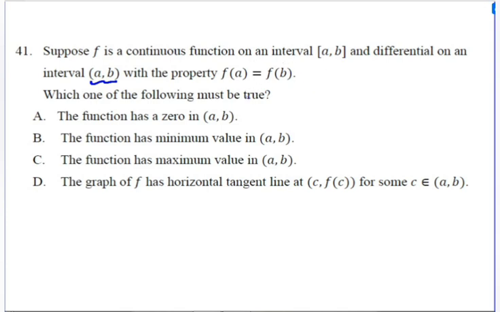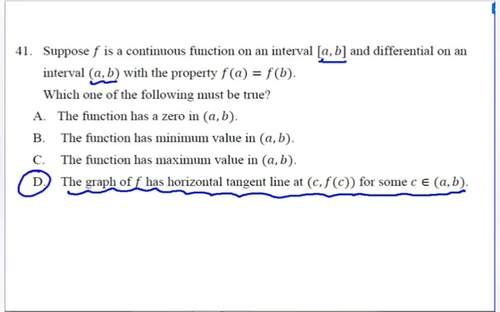Rolle's theorem says that for any continuous function on a closed interval [a, b] and differentiable on an open interval (a, b) with the same value at the endpoints, the graph will have a horizontal tangent line at (c, f(c)) for c in (a, b). This is a must-true statement about Rolle's theorem.